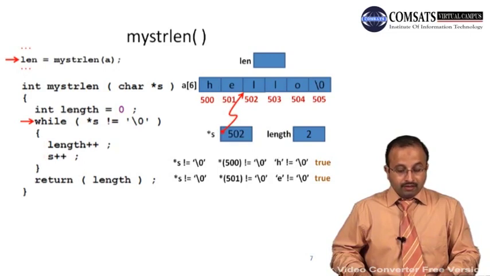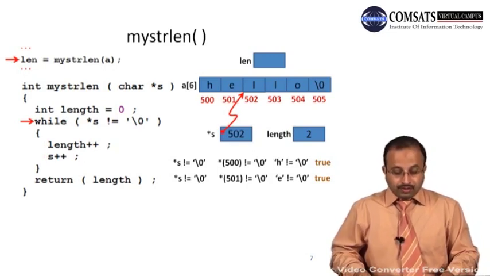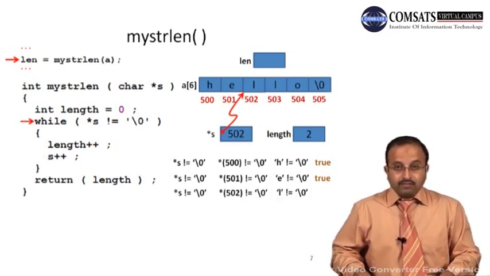Then we come again to the loop condition. Now the condition is star 502 is not equal to null. Star 502 is the value at address 502, and that value is L, which is not equal to null. That condition is true, so you come inside the loop and increment the length, and the value becomes 3. That means you have found 3 characters and none of them is null.